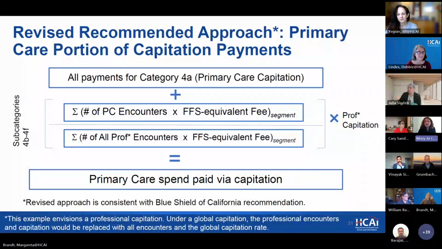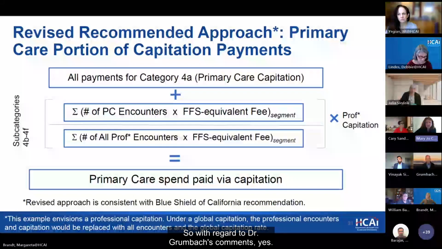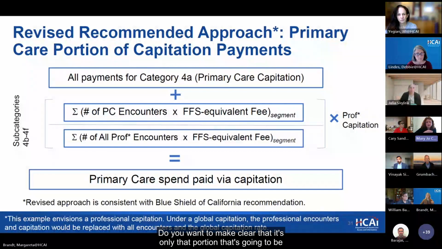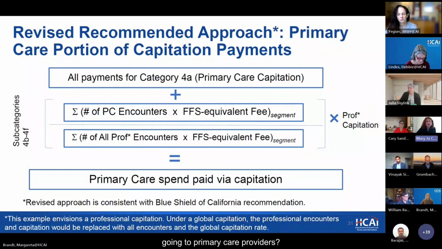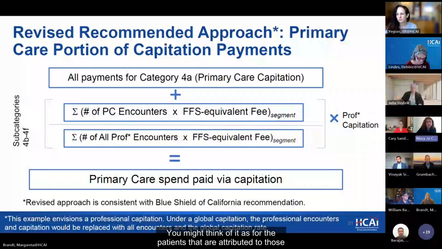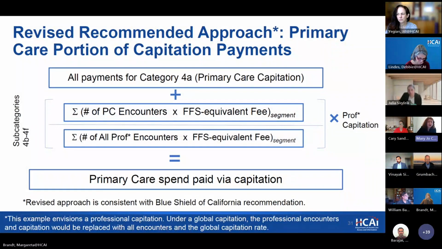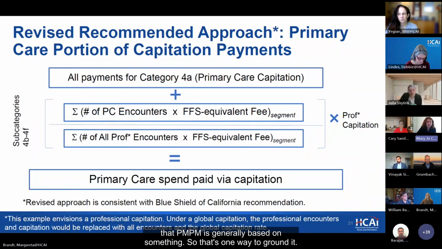Okay. So I want to speak to both pieces, actually. With regard to Dr. Grumbach's comments, yes, we want to make clear that it's only the portion going to primary care providers. You might think of it as, for the patients attributed to those providers, that PMPM is generally based on something. So that's one way to ground it.